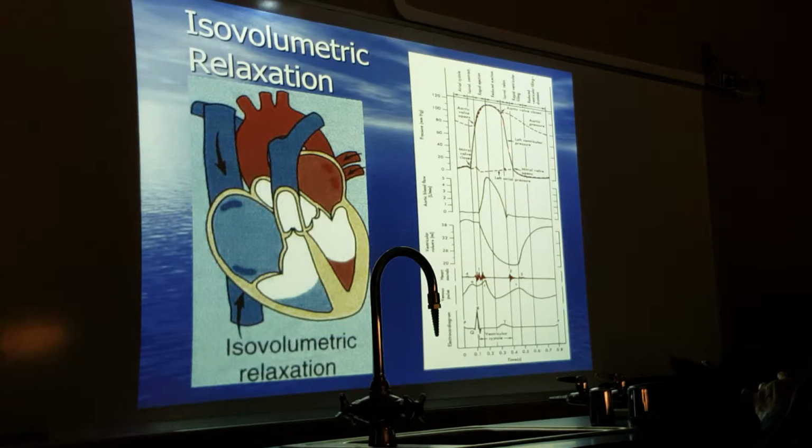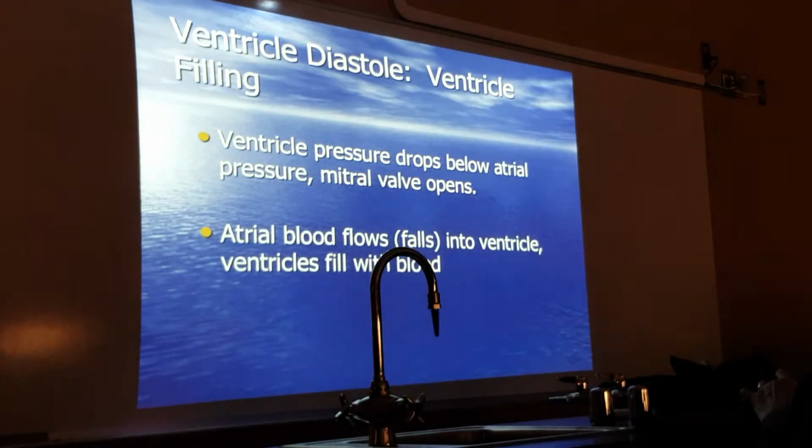Finally, it gets low enough that the mitral valve opens, and all that blood that was in the atrium falls into the ventricle now. So they call this second phase of ventricle diastole ventricle filling, because this is when most of it happens. And I've got a quiz question on that.